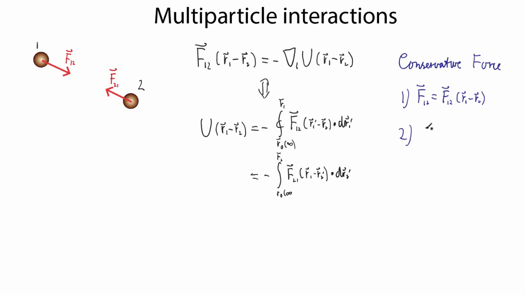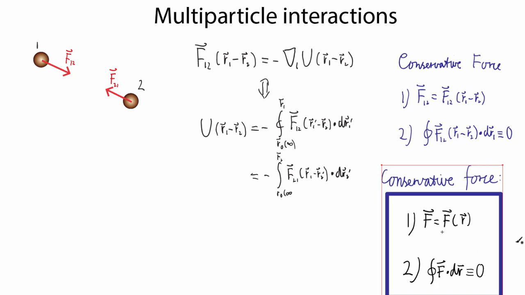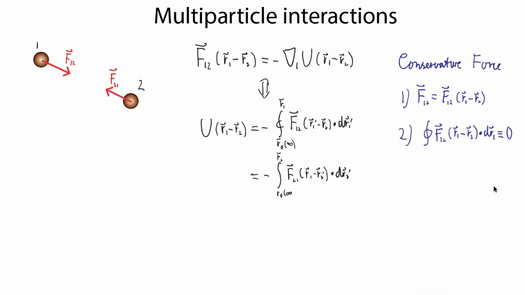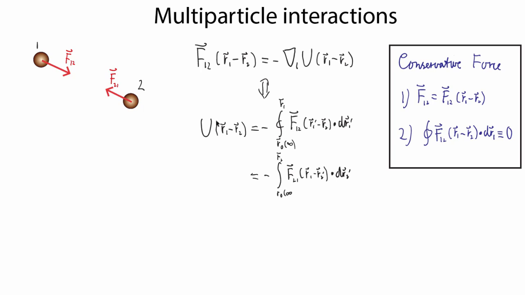And then the second condition is that if we move one particle, particle 1 for instance, around a closed loop, then we get a total work of 0. Okay, that's very similar to the old definitions of conservative force that we had for particles with external forces. We have only just extended it to the case of two particles interacting.